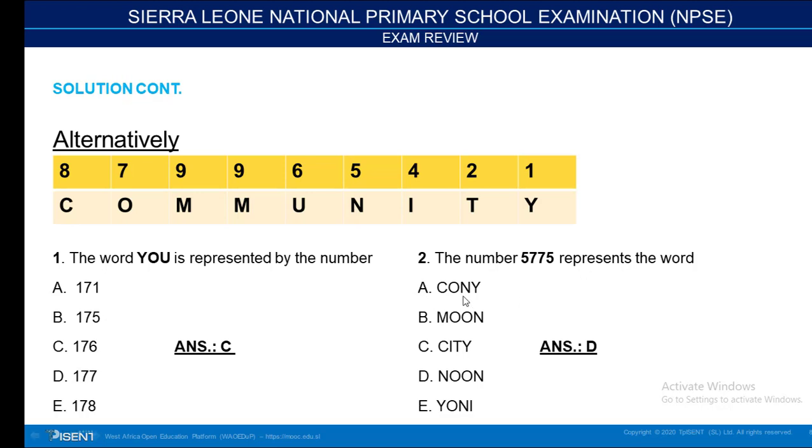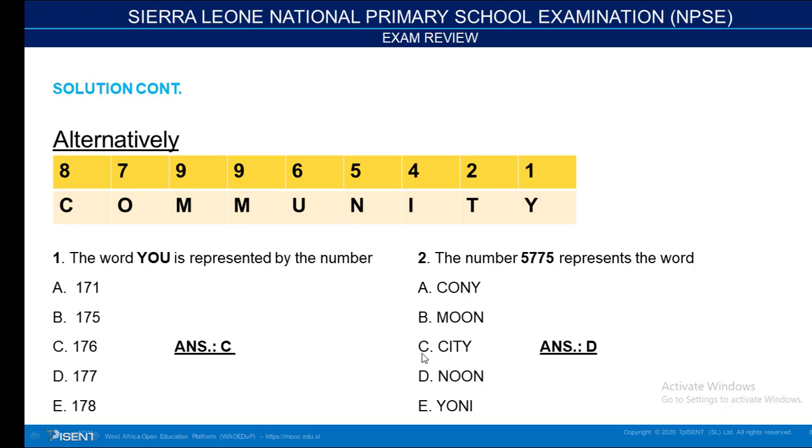Why is A not correct? Because C is corresponding to 8, and our numbers here do not have 8. Don't waste your time on it. And then for B, M corresponds to 9. In our numbers here, we don't have 9. Leave it.